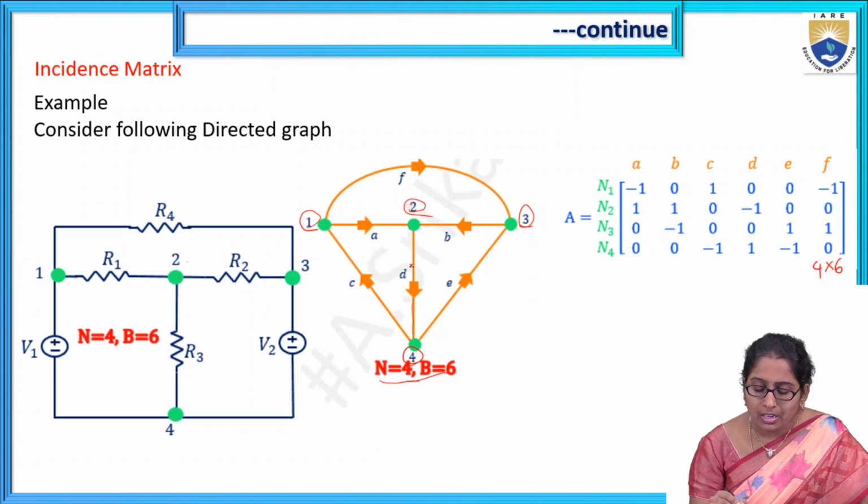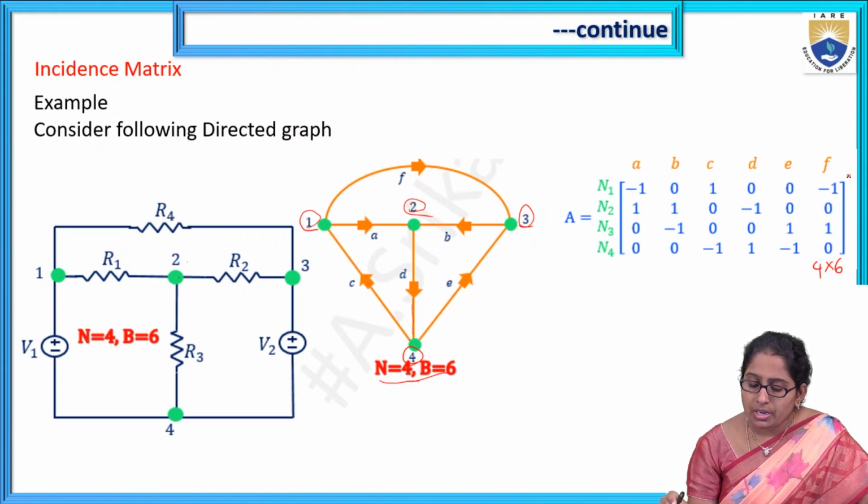Next, branch current D is connected between nodes 2 and 4. It is leaving from node 2, so -1 there, and towards node 4 it is +1. Remaining two values will be zeros. Branch current E is connected between nodes 3 and 4, entering towards node 3, so +1 there, and leaving from node 4, -1 at node 4. Remaining two values will be zeros.